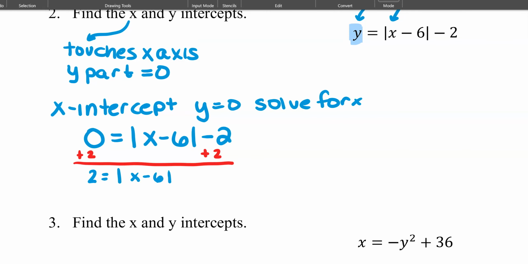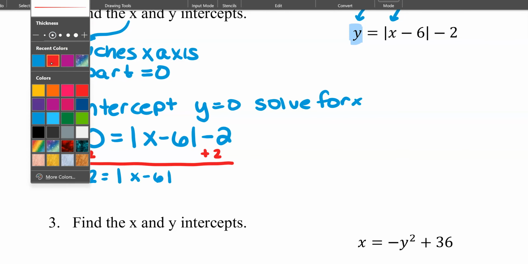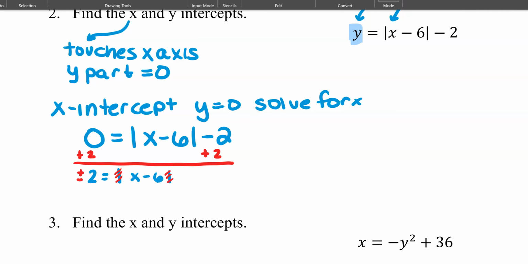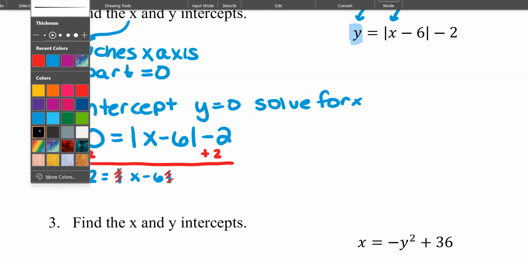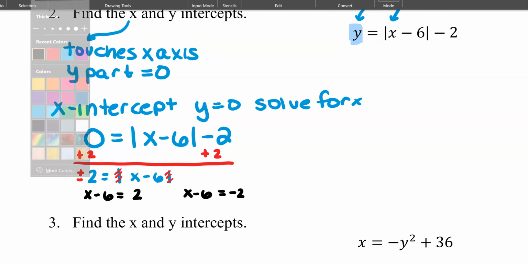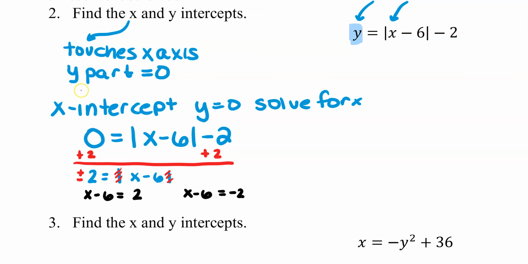So remember to drop the bars here because you don't want bars. You have to tack on plus minus to the number. So that gives me 2 equations. I've got x minus 6 equals positive 2, and x minus 6 equals negative 2. So what I'm going to do to solve both of those is add 6.